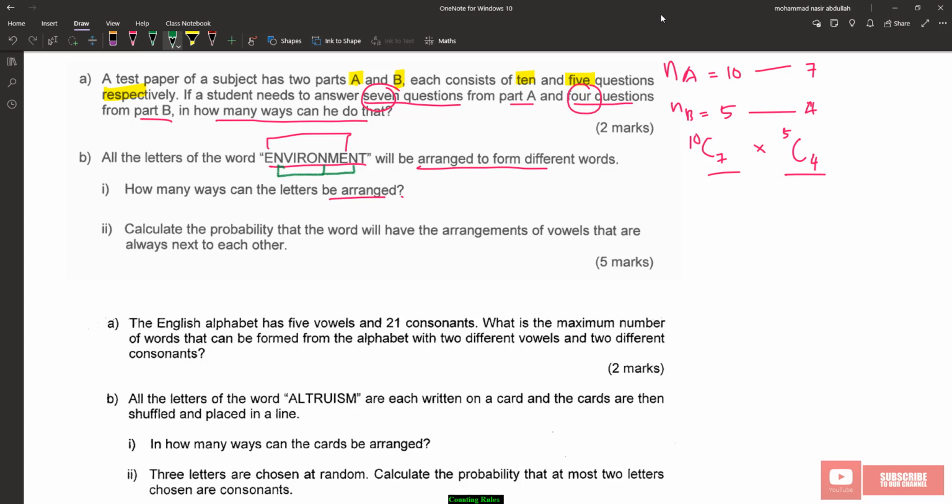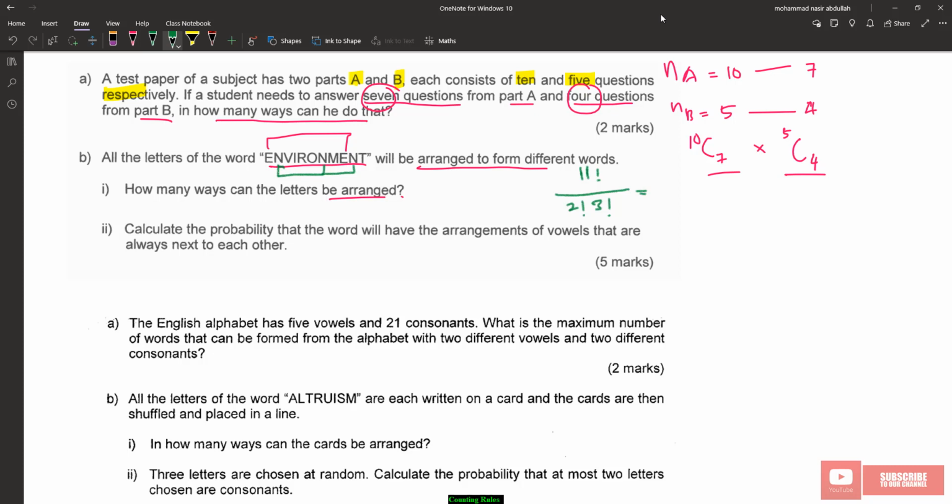N we have 3, M so not. So the total letter dalam word environment ada berapa? 1, 2, 3, 4, 5, 6, 7, 8, 9, 10, 11. So 11 factorial divide by 2 factorial multiply with 3 factorial. So this one should be berapa? 11 factorial divide by 2 factorial multiply with 3 factorial is 3,326,400.